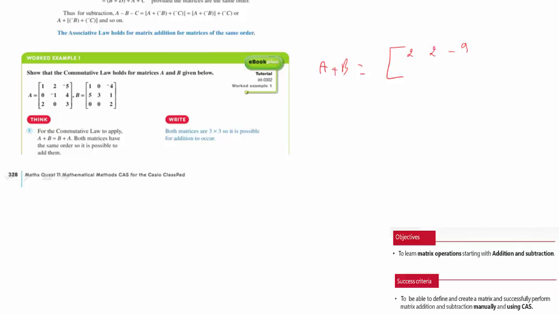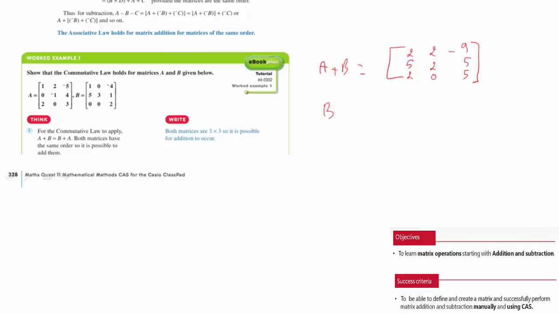Now, next row. 0 plus 5 is 5. Minus 1 plus 3 is 2. 4 plus 1 is 5. And the last row, 2 plus 0 is 2. 0 plus 0 is 0. And 3 plus 2 is 5. This is the result of A plus B.